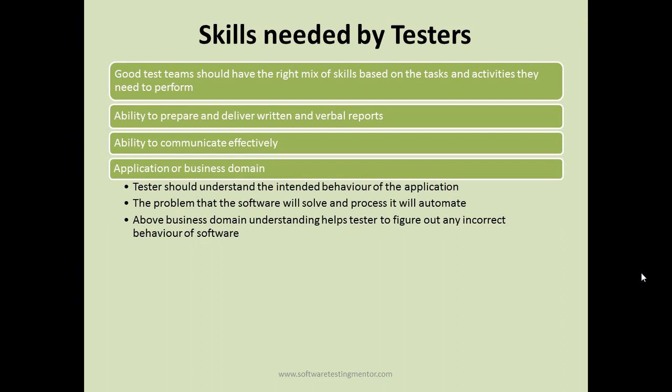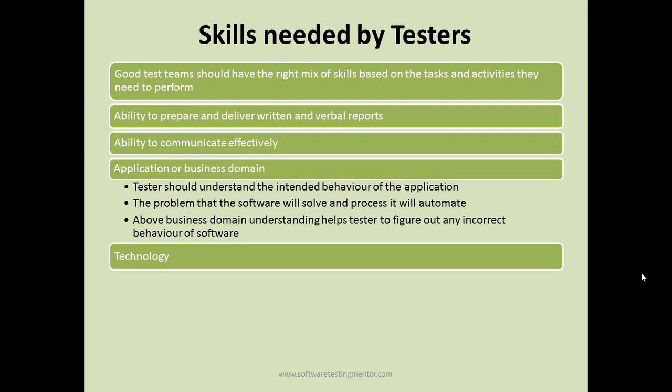With good domain expertise and prior experience in similar applications, you will be able to tell if an operation performed by the software, or its behavior, is incorrect. That's where business domain or application skills are needed by testers.